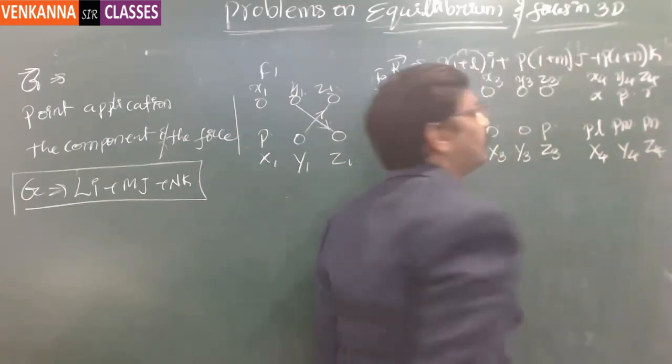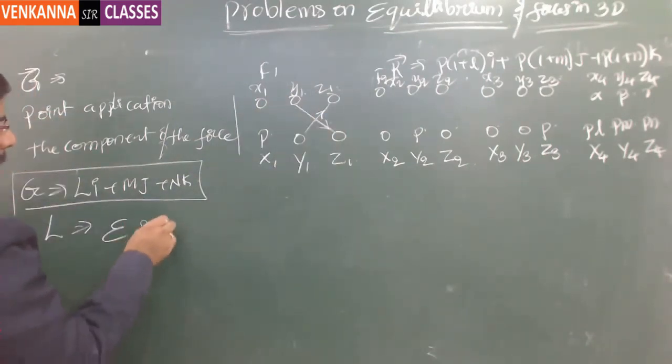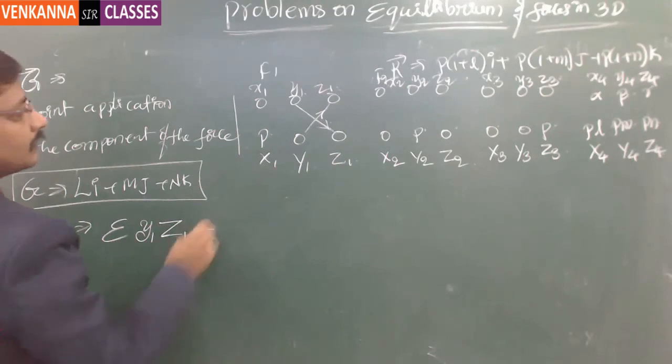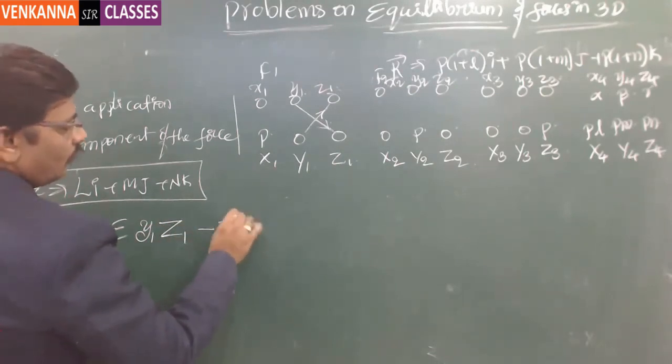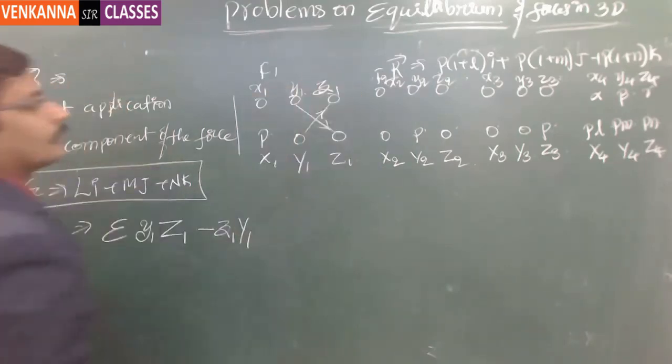So these are the components of the force. Now to find out the L value, L is nothing but sigma of Y1 Z1 minus Z1 Y1. Got it?